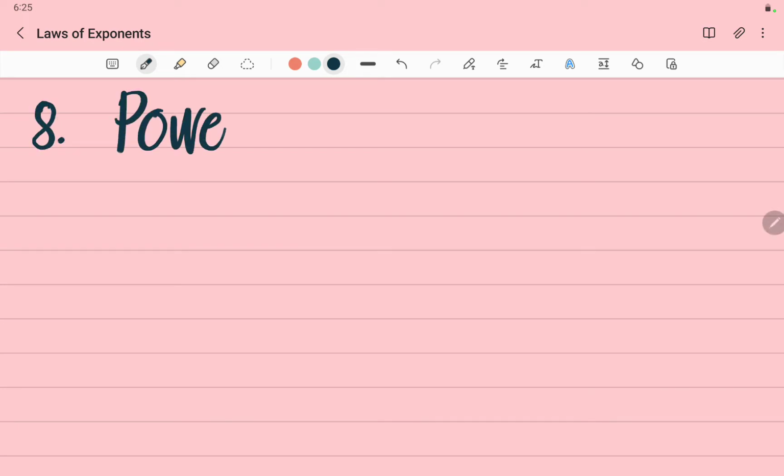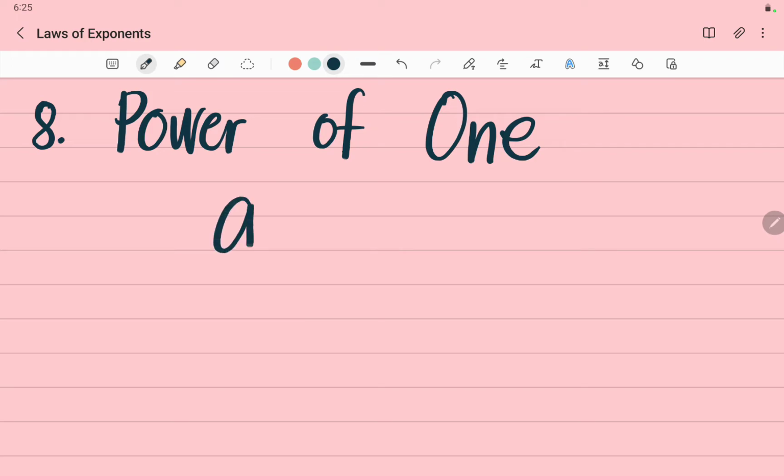Yes, very good. Next, number 8. Power of 1. Okay, this is very easy. Any number, any letter raised to 1 is itself. 2 raised to 1 is 2.